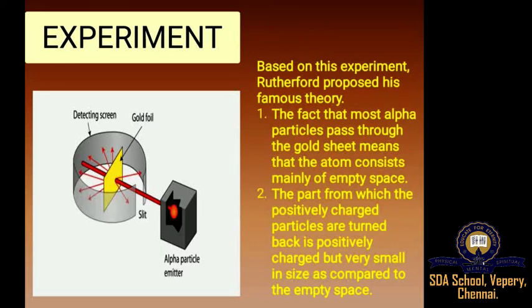He found that most of these rays, which travel at a great velocity, passed through this thin gold sheet without encountering any obstacles. When the alpha particles were emitted, most of the rays traveled through the gold foil with great velocity.